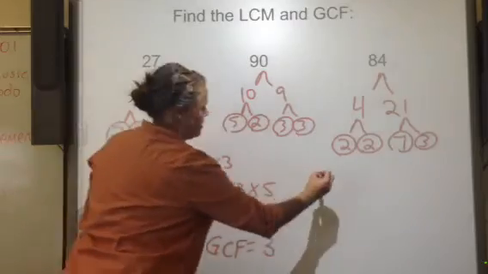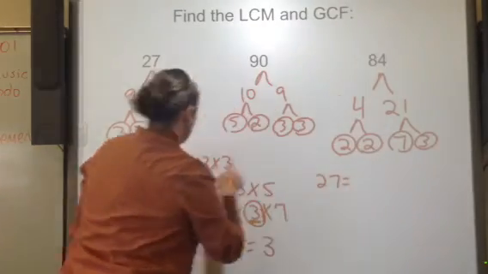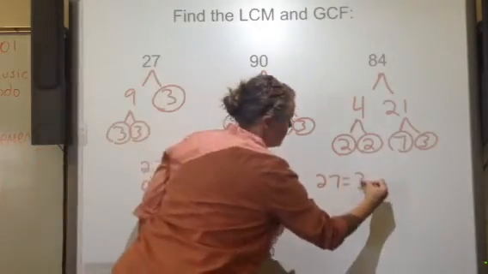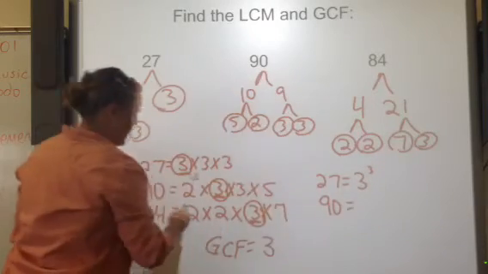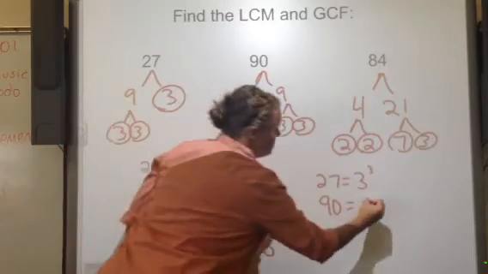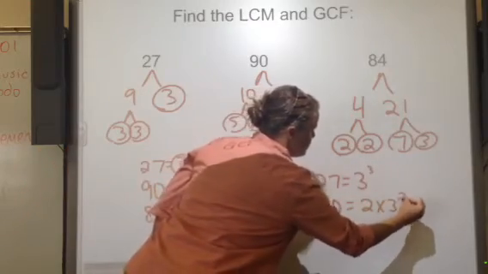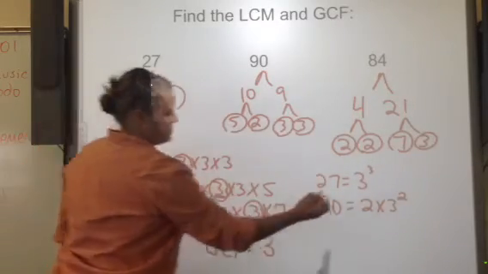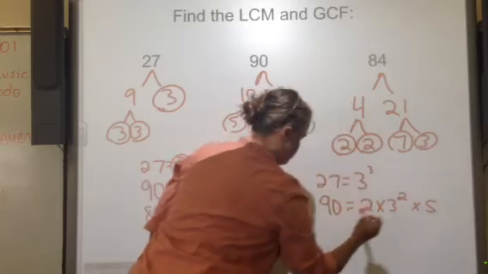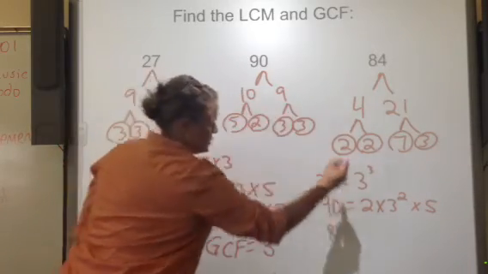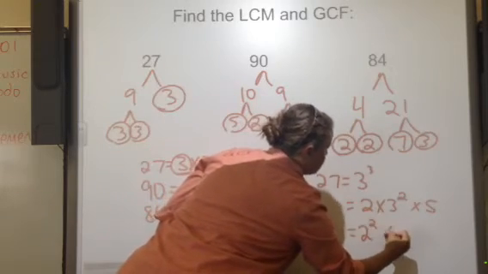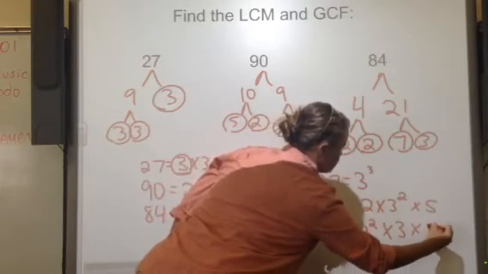Now for the LCM, I'm going to write it in exponential form. So I'm going to go over here, put 27 equals 3 to the 3rd power. The 90 is 2 times 3 squared times 5. And then 84 is 2 squared times 3 times 7.